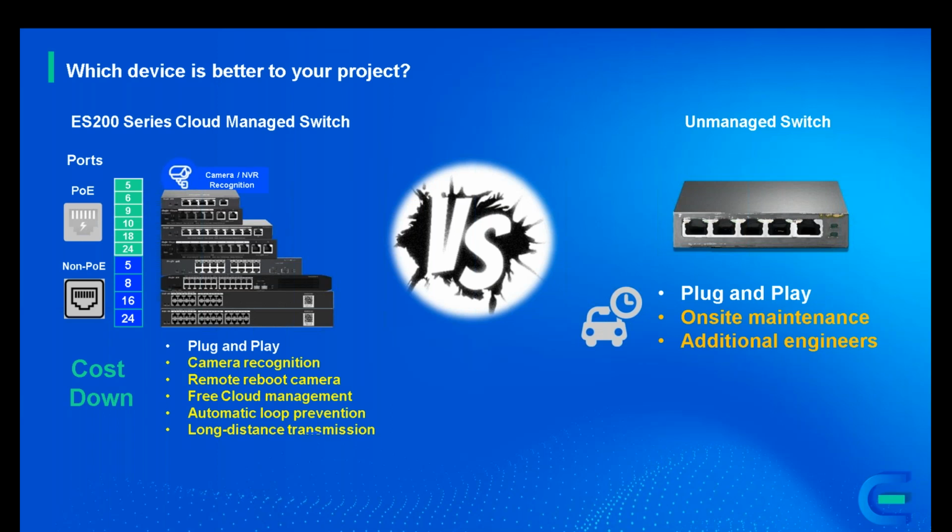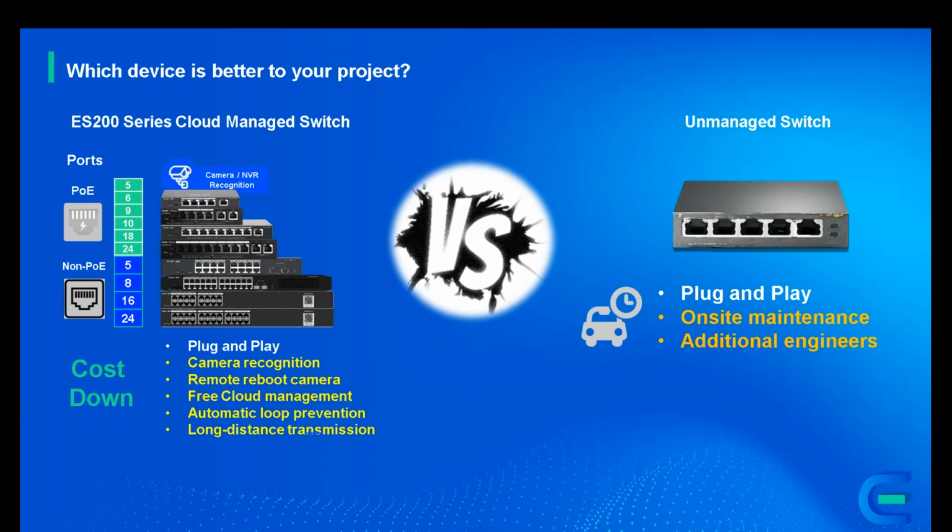And if you use managed switches, like our ES200 series cloud managed switches, you have many options. It's also plug and play. As you see, just connect and do all the configuration on the network. It has camera recognition, remote reboot, free cloud management, automatic loop prevention, and long distance transmission.